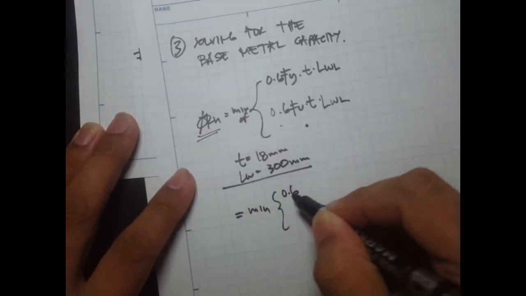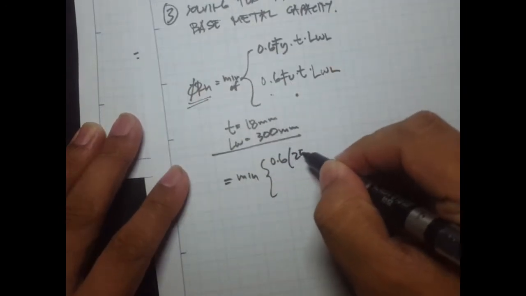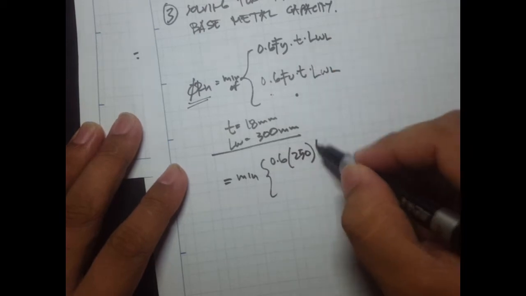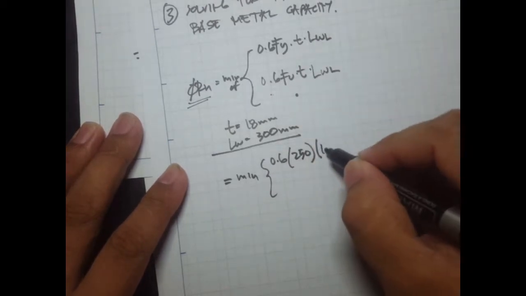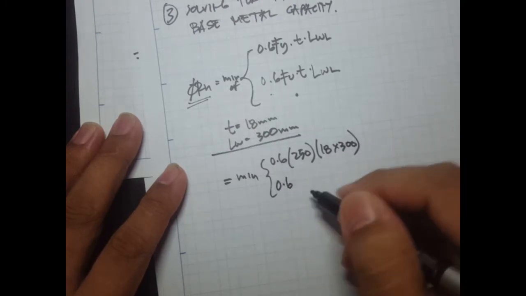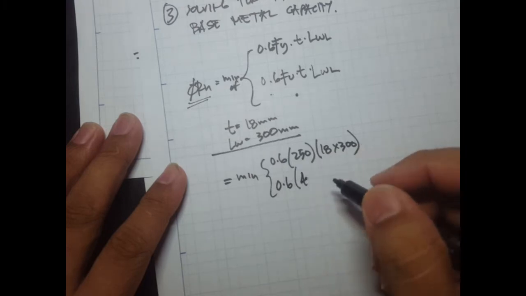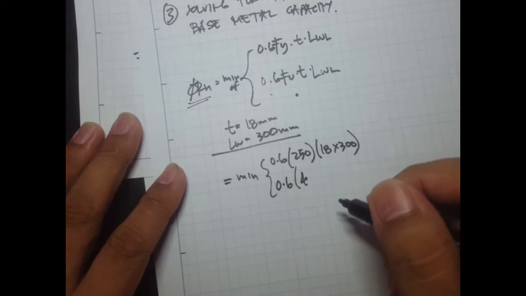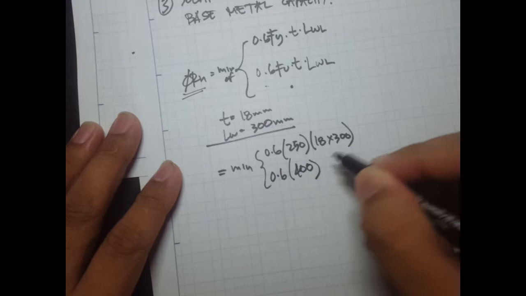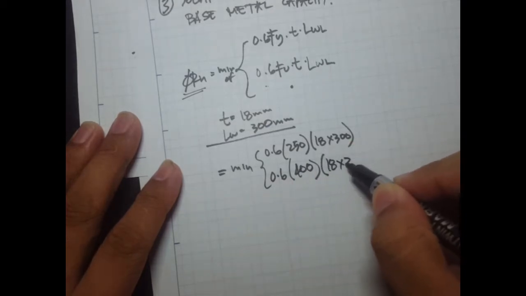We have 0.6, our Fy is 250 megapascals, so this one should be in millimeter. So 18 times 300, and this one is 0.6 times the Fu of 400 times 18 times 300.